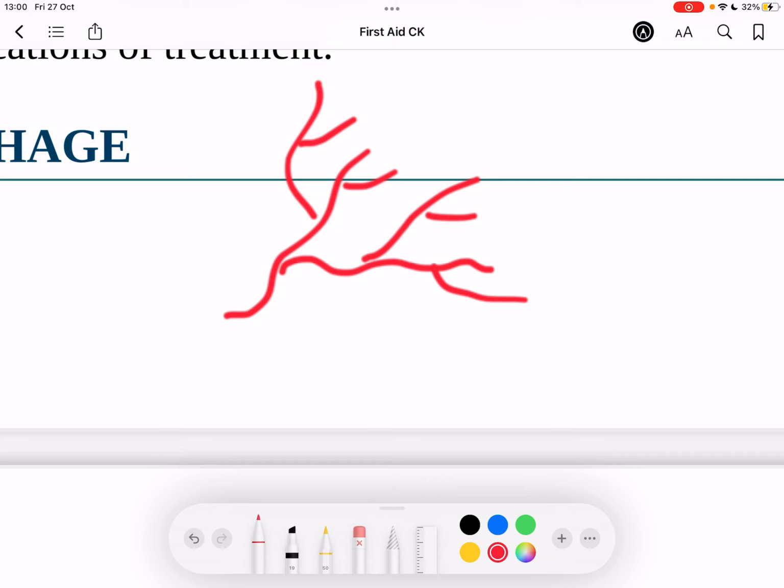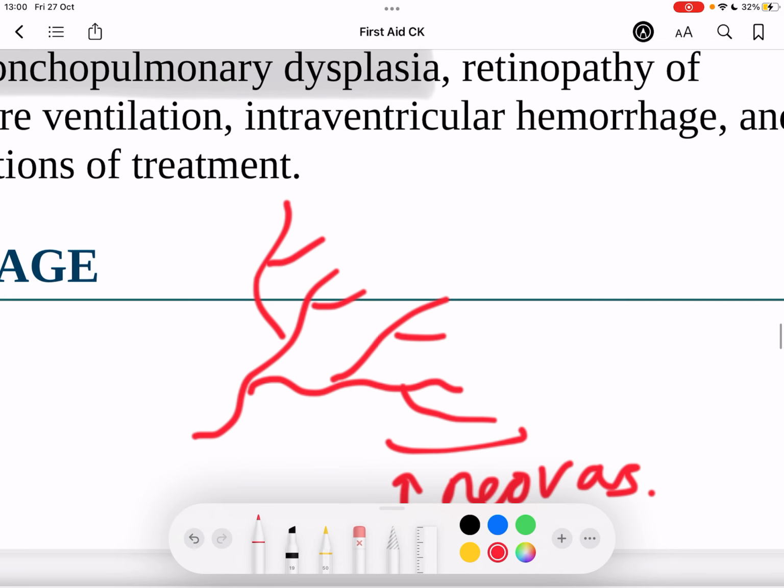This causes quite a high amount of neovascularization, because neovascularization generally increases when there is low O2. Then when the fetus is born, the oxygen starts to go up, and that slows neovascularization down to a nice, controlled neovascularization.